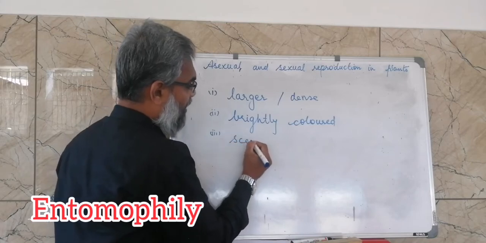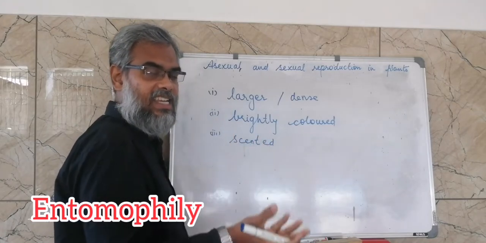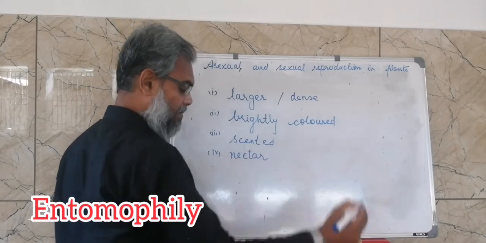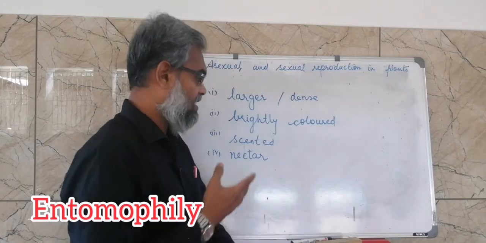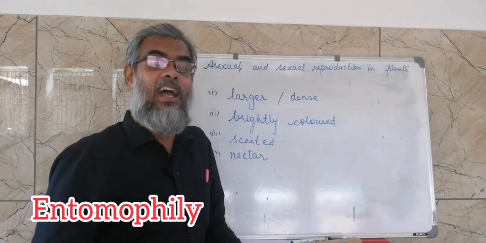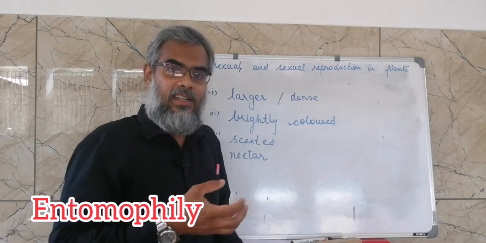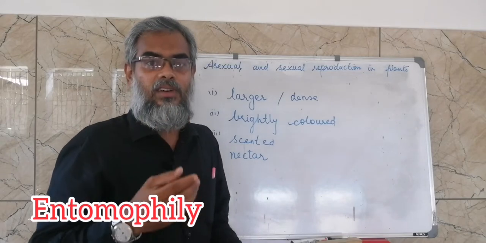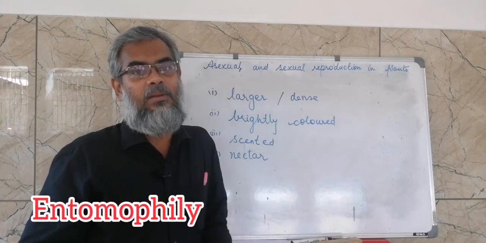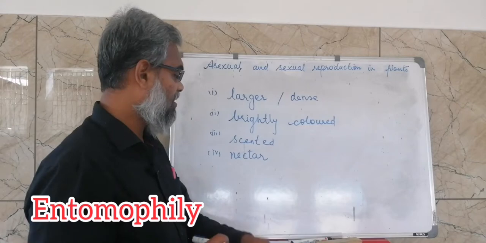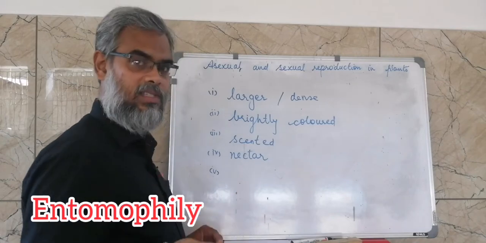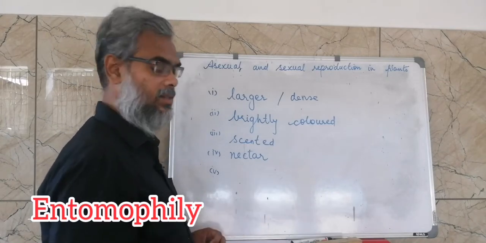Then third, fragrance will be there, a nice smell. It is scented. Same way, nectar will also be present, as a reward. Honeybees generally take the pollen, totally for preparing the beehive. We discussed bee pollen in our earlier class. So it gives it as a reward actually. Even when there is no nectar, pollen is used as food for the beehives.